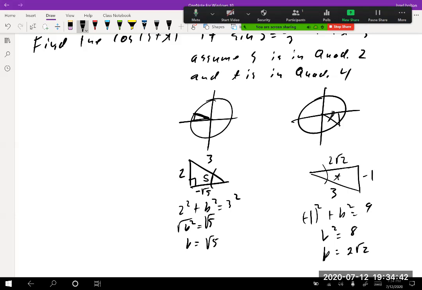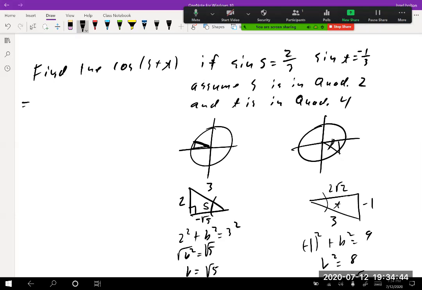So let's come over here now, and we know that this is going to equal the cosine of S, cosine of T, minus sine S, sine T. So now I'm looking at this triangle. The cosine of this angle S, cosine is adjacent over hypotenuse, would be negative square root 5 over 3.